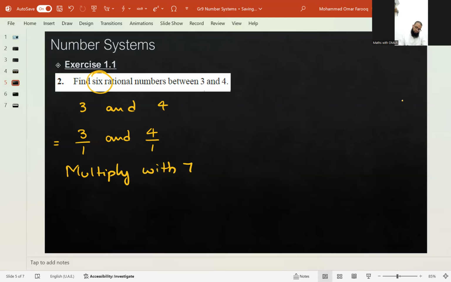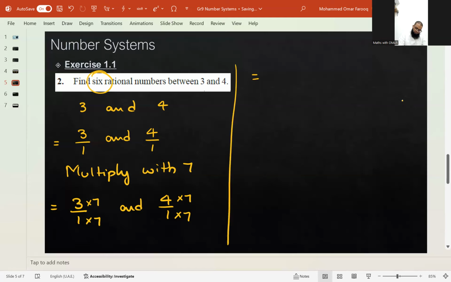When you multiply with 7, what happens? So 3 by 1, multiply the numerator and denominator with 7, and 4 by 1, you multiply with 7 in numerator and denominator. So now it becomes 3 sevens 21 by 7, and 7 fours are 28 by 7. Now the denominators are equal.